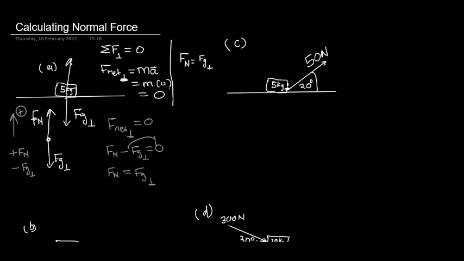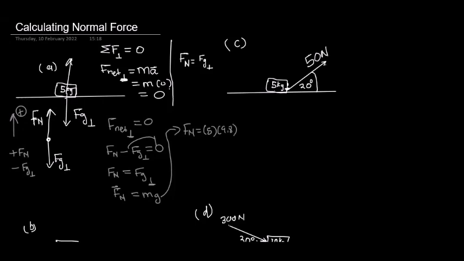Since this is a horizontal surface, this is just going to give us mg, so the normal force equals the gravitational force. Now we can do the calculation. The normal force equals 5 times 9.8.